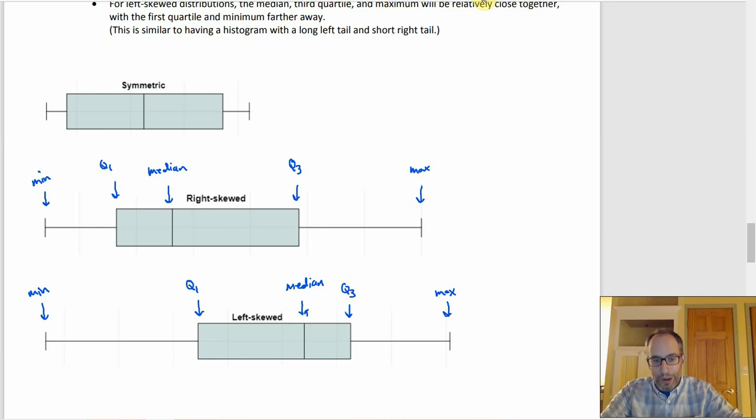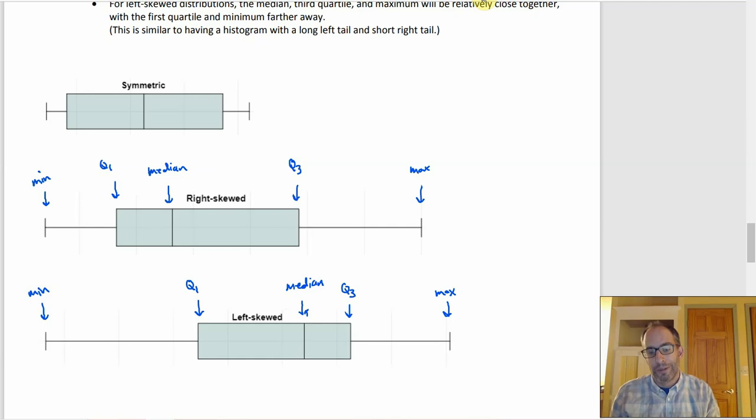With this one, the right side is more compressed. Even if you just look at how close the median and the third quartile are versus the median and the first quartile, the median is over toward the right side of the box. The right side of what would be called the 5-number summary, which is what these 5 numbers are collectively called, your median, quartiles, and extreme values, the 3 biggest values, are bunched up together, at least relatively speaking.